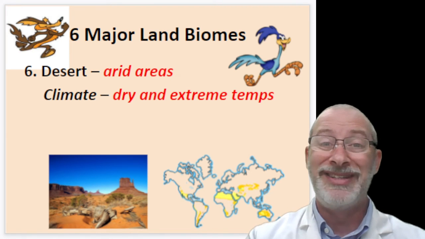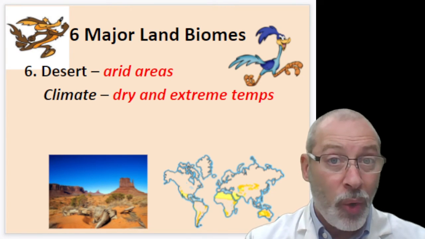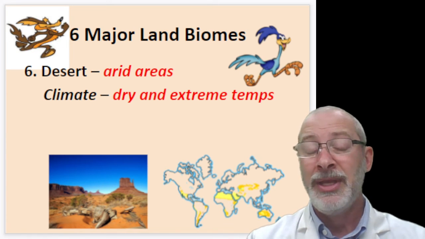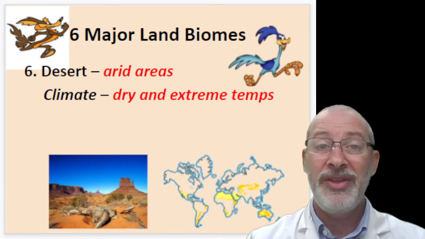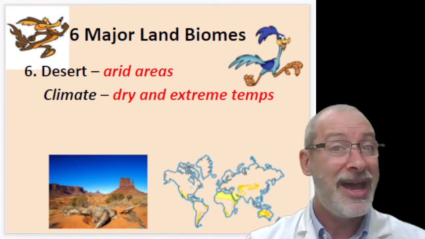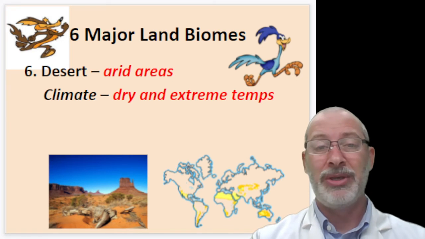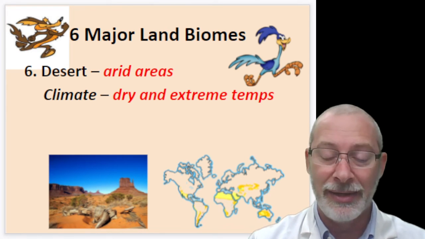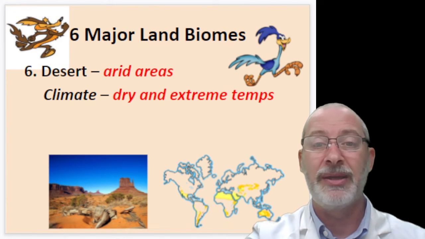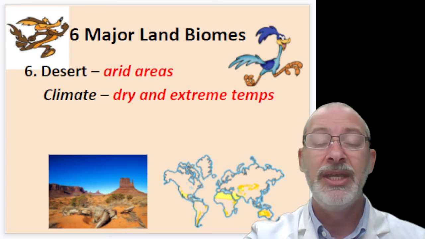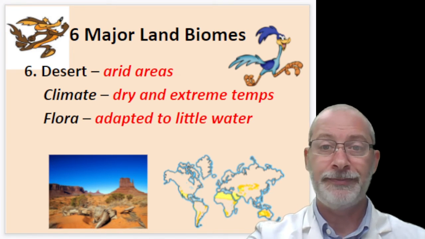And so deserts can be cold at night and hot during the day. Most people, when they think of deserts, just think it's hot all the time. Well, it's not necessarily the case because at nighttime, there's nothing to keep the heat in. It just dissipates like mad. So there are extreme temperature changes in deserts.